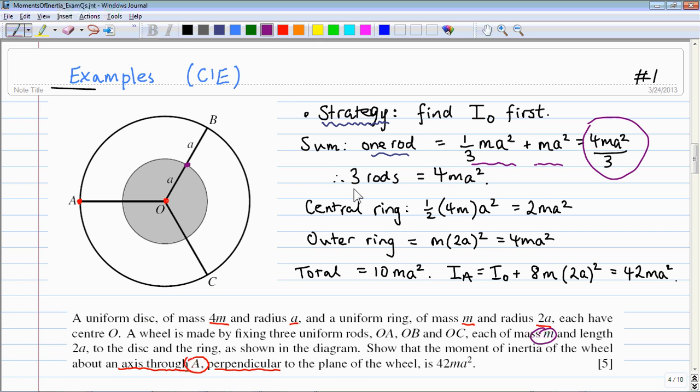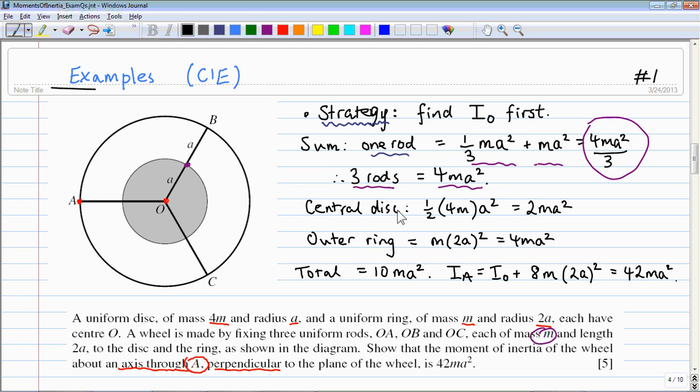So the moment of inertia of the three rods, OA, OB, and OC, by symmetry they're all the same, must be 3 times that, which is 4MA squared. Now, the central ring, actually it's not a ring, let me correct that. It's a disk, not a ring, because it's solid.